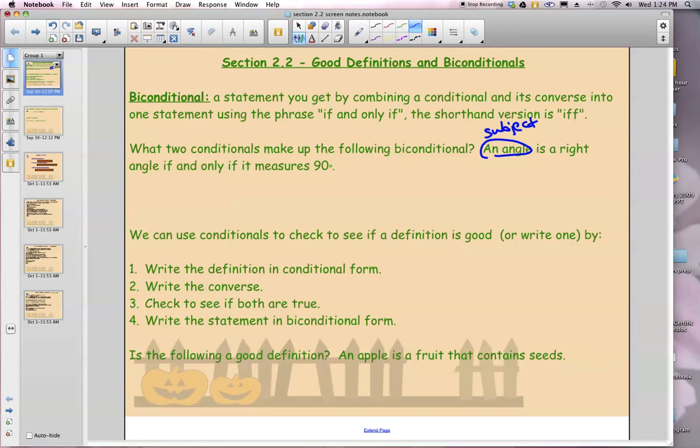And then the next thing that we need to pick out are the two pieces of our sentence that we would use as the hypothesis and the conclusion. It says an angle is a right angle, so that would be one piece. And the other one would be that it measures 90 degrees.